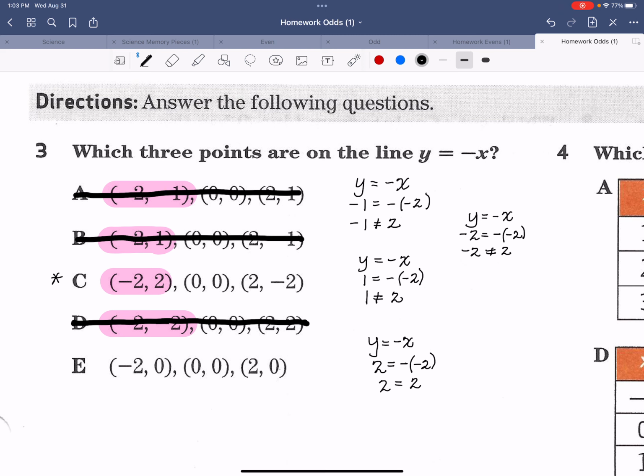And then finally we have this last option. So let's say that y equals -x, y is 0, x is -2. 0 does not equal 2. So that is also a no. So I don't have to check all of the others. That's the only one.